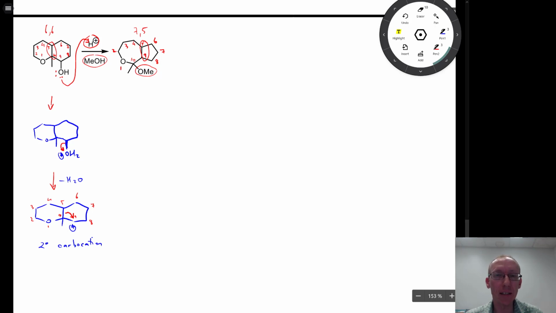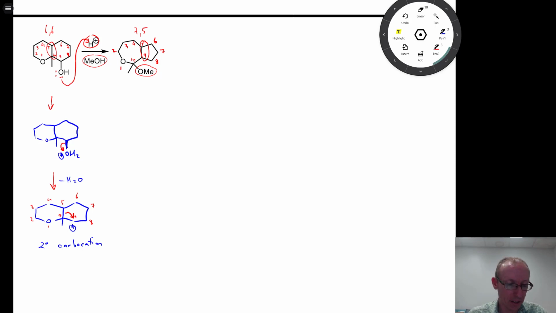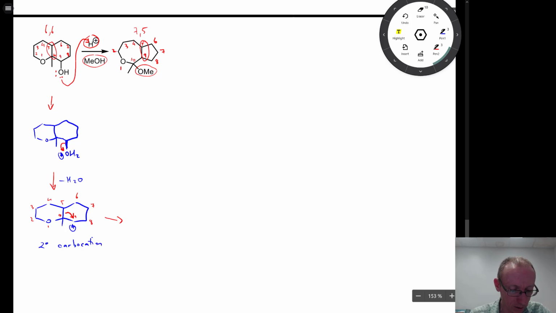I think one of the keys here is don't try and draw it out in the aesthetically pleasing manner that it's drawn in the final product. Draw it out as it is in that carbocation, and then draw it out again in a prettier looking structure. So let's draw, I'll go back to my blue coloring. Now this is a very common mistake, and I think it's good to have a pencil if you're doing this in an exam situation.